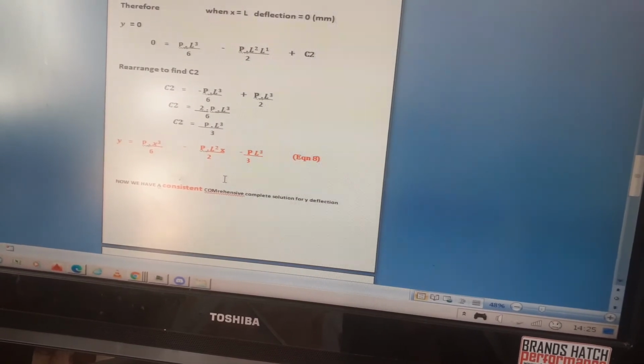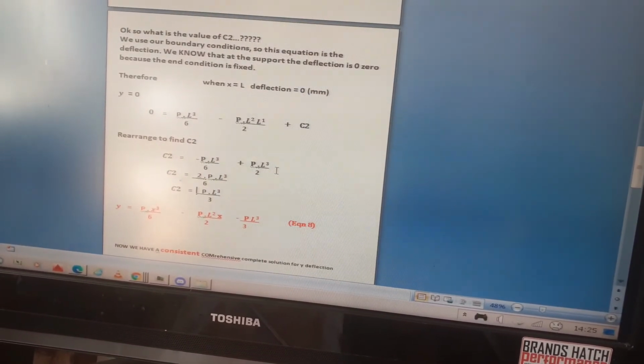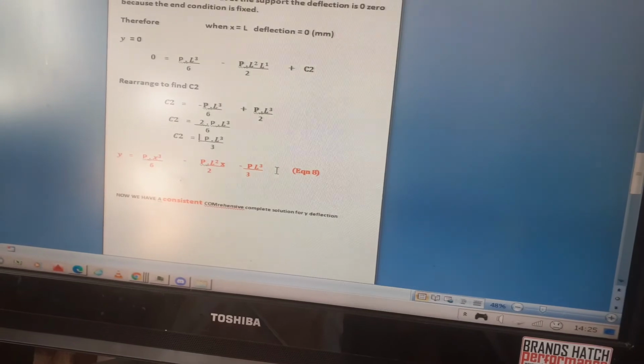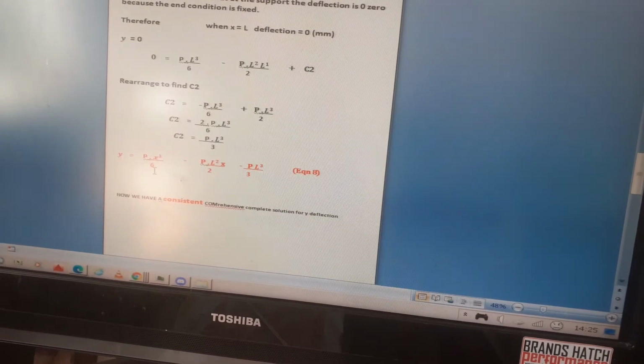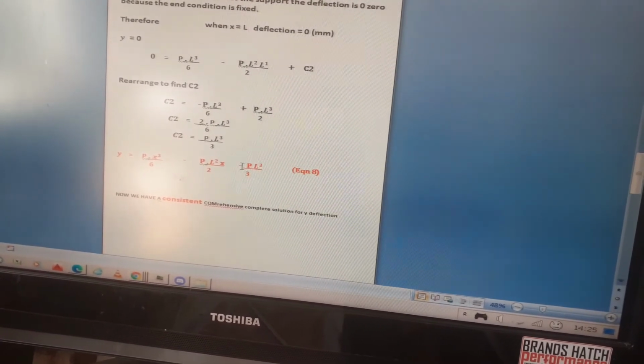So now we've got C2, we put that back into equation 7. EY equals PX cubed divided by 6 minus PL squared x divided by 2 plus PL cubed divided by 3.